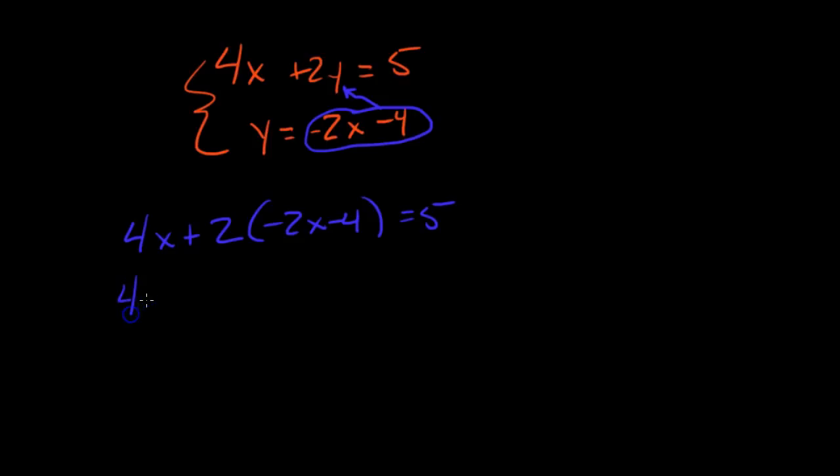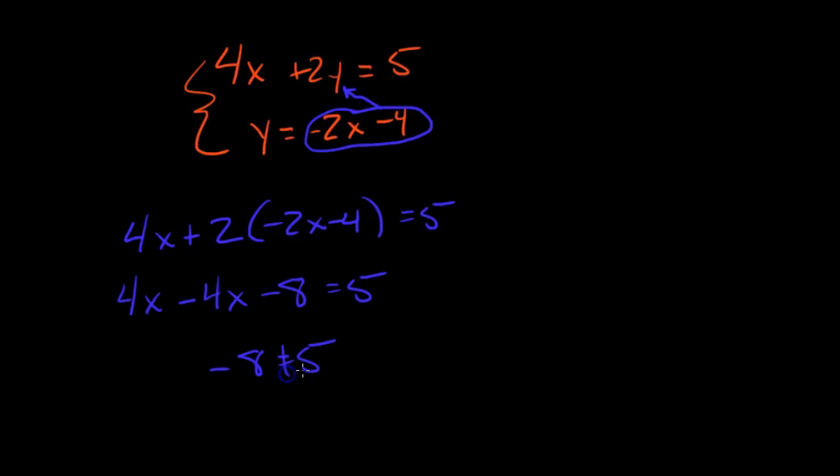Now I can simplify. 4x minus 4x minus 8 is equal to 5. Negative 8 is equal to 5, which is a kind of weird outcome.